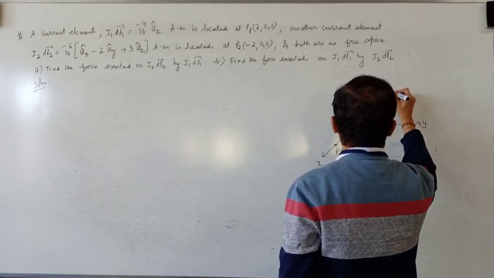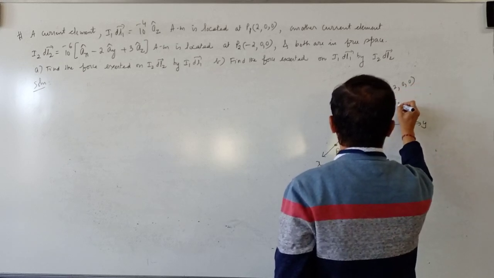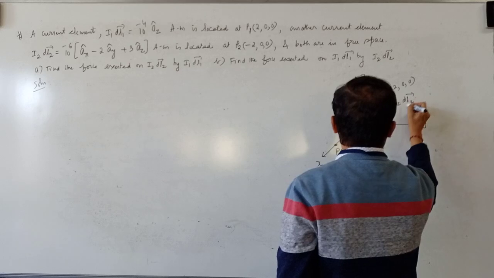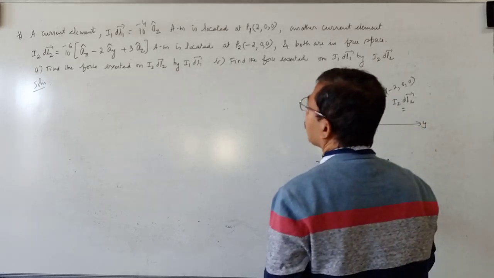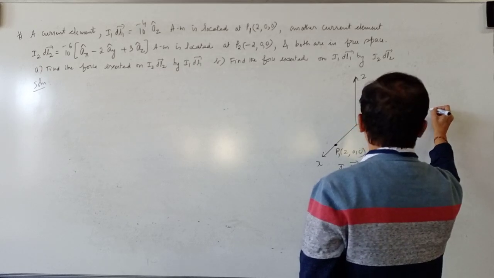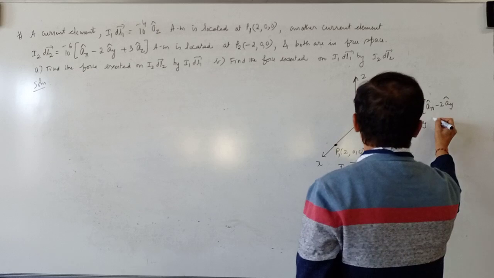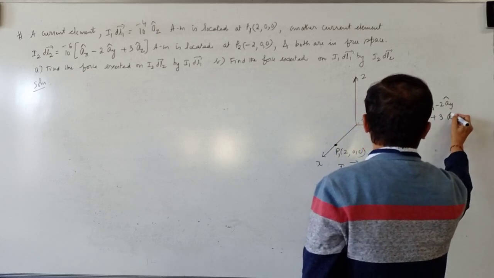This is point P2, which is (minus 2, 0, 0). What is the current element? I2 vector dl2 is equal to 10 to the power minus 6 into ax cap minus 2 times ay cap plus 3 times az cap.